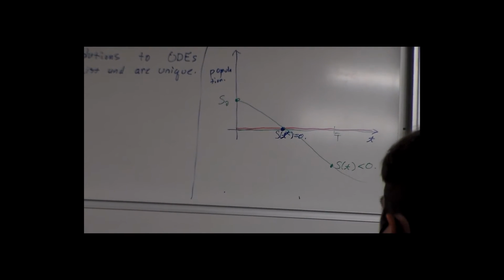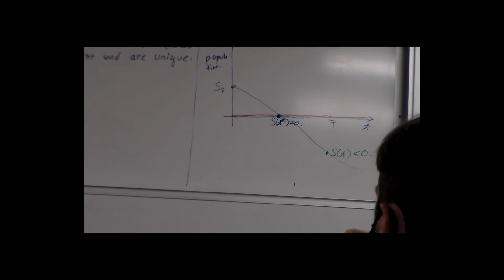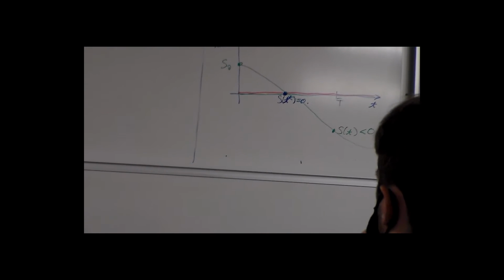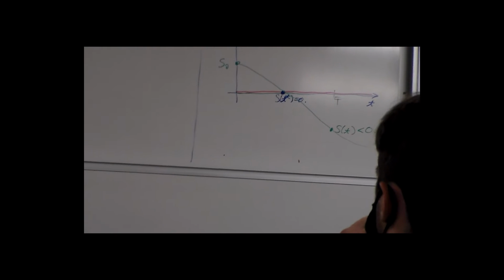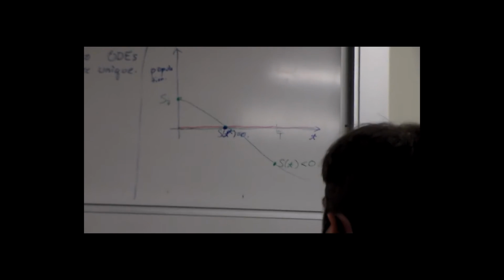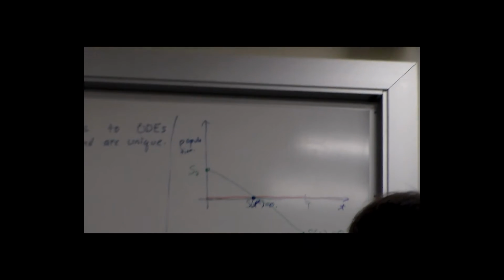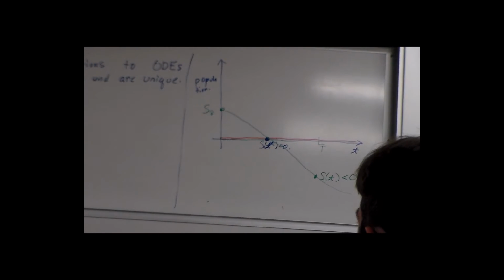Yeah? Yeah, crossing solutions. Why is that bad? Why not? What's that matter? Existence, uniqueness? Yeah, so why? That's not unique. Yeah, why is it not unique?